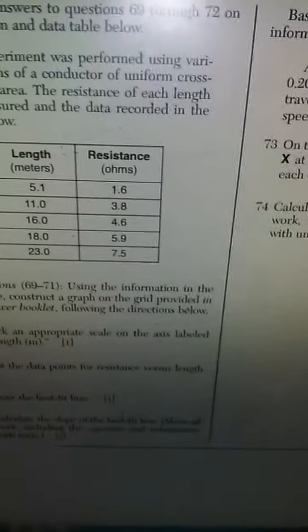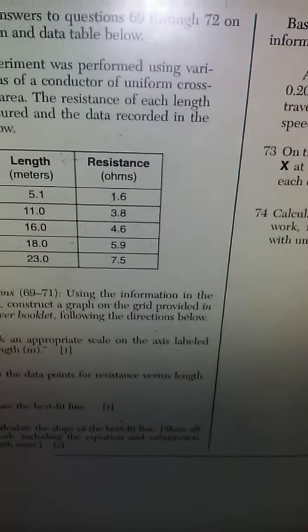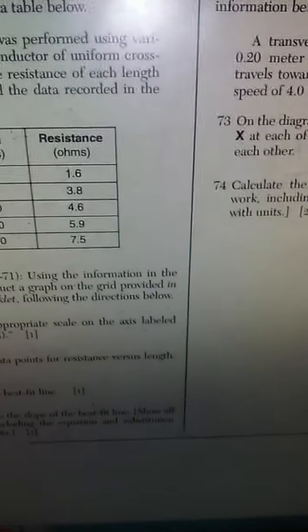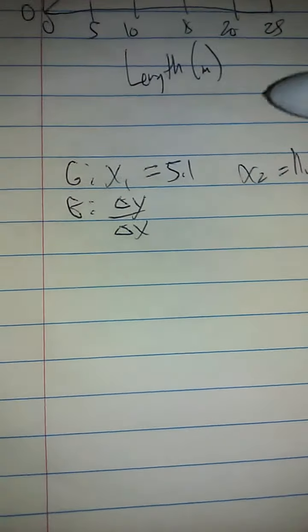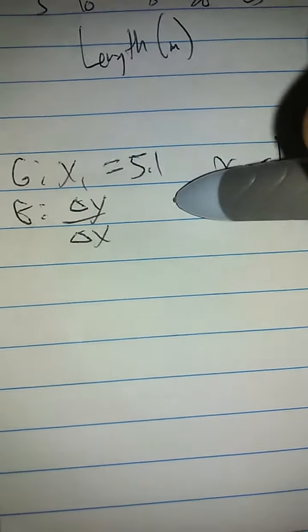Now going with y: the first y is 1.6, the second y is 3.8. Equation: slope is change in y over change in x. All that means is y2 minus y1 over x2 minus x1. So let me write that.